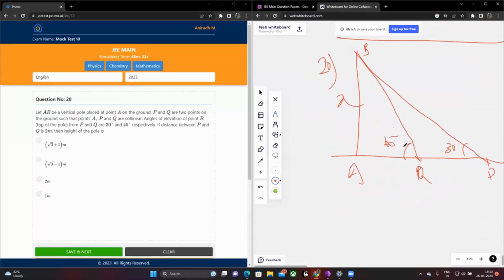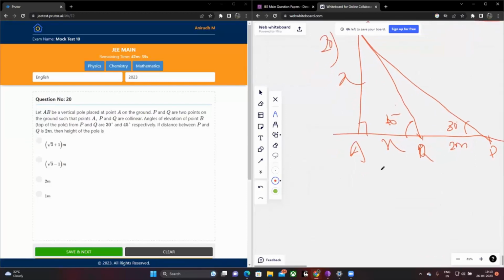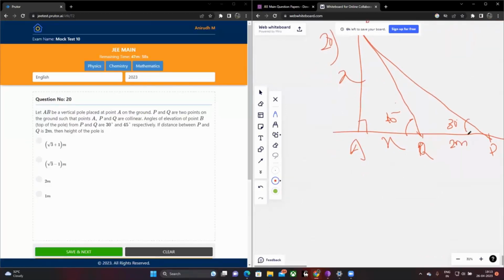Right, so for 45 degrees, tan 45 is 1. I can directly write AQ as x, because with a 45-degree angle and the vertical at 90 degrees, tan θ is opposite by adjacent, which is 1, so opposite is equal to adjacent. This is x, right? You are given that PQ is 2 m. So tan 30, which is 1/√3, is x divided by x plus 2m.